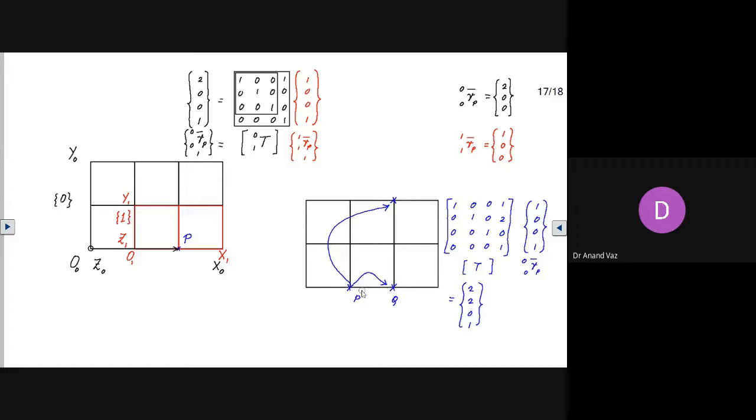Suppose you started with both points P and Q. You had these 2 points and you operated with this. So P would have given you this one, and Q will be shifted over here because it's the same translation. So Q will come here.